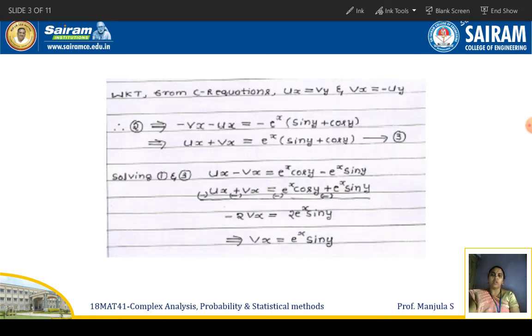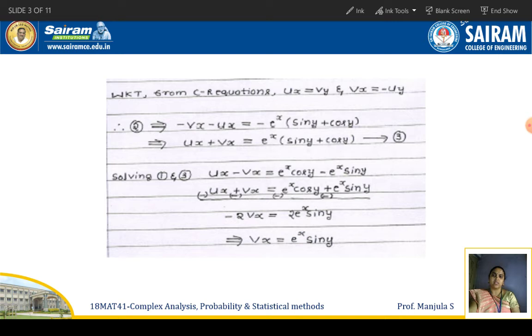Now we got two equations with ux, uy, vx, vy: two equations but four unknowns, so we can't find the values. With the help of the CR equations, ux equals vy and vx equals minus uy, convert the four unknowns into two unknowns. With two unknowns and two equations, we can easily find the values.